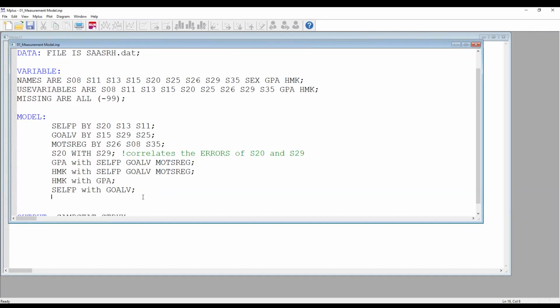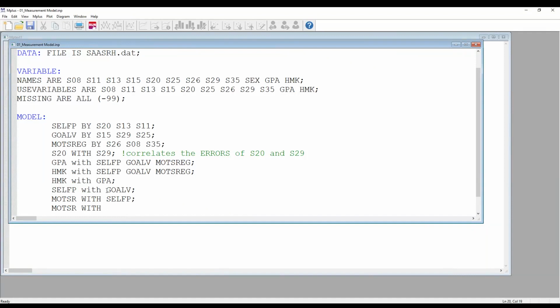With Moat SR, did I not do that one? You're right. Okay, so I probably need that one. I need Moat SR with self-perceptions, and then I probably need it with goal valuation too, right? SR with, oh, thank you.